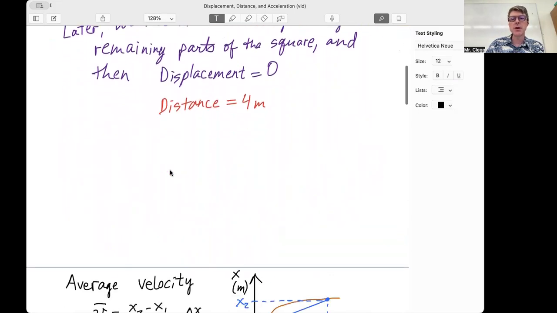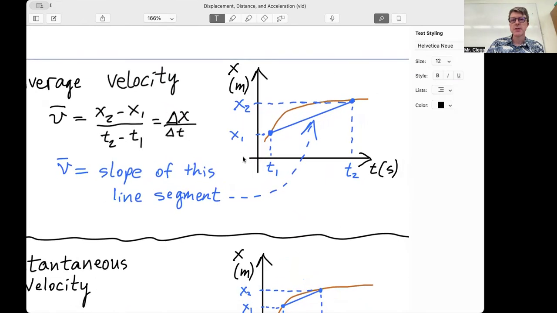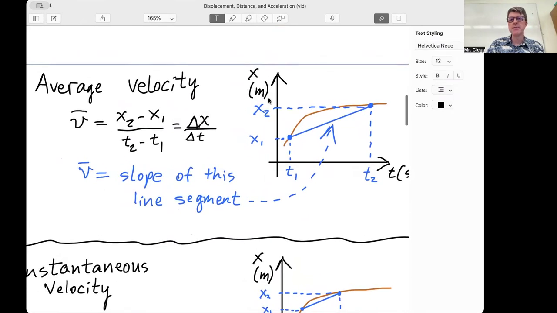Okay, now we're going to keep going and we're going to talk about average velocity. So the average velocity, and this bar above means average, is defined as the difference between 2 points, the second point minus the first point. I know we're used to putting x on the horizontal axis, but here we're going to put it on the vertical. So this is my position in meters.